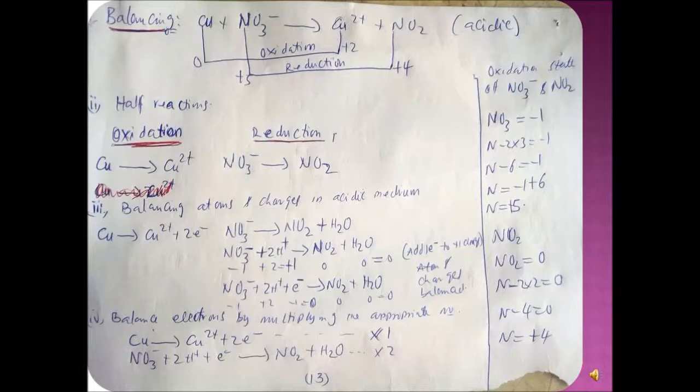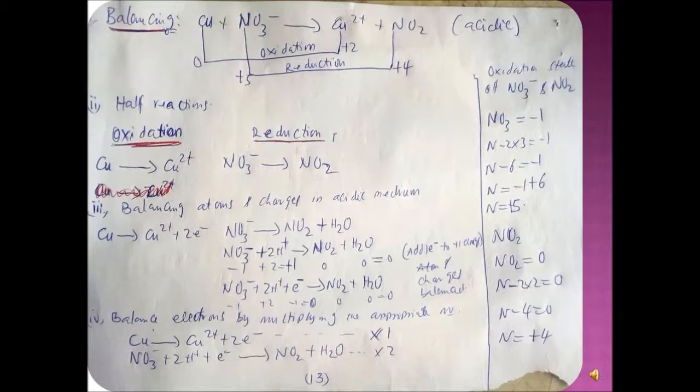You remember, when we want to balance atoms in acidic medium, all you need to do is to add water to where there's a deficiency of oxygen. For example, now we have 3 oxygen here and 2 here, so you are going to add 1 molecule of water to the side that is deficient of oxygen. Then when you add the oxygen, to balance it up, you add hydrogen on the other side.